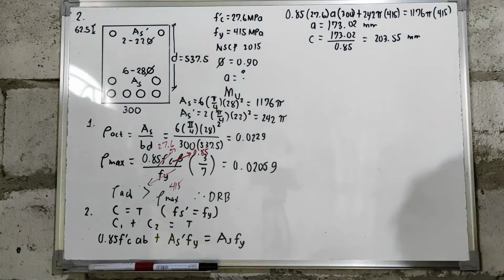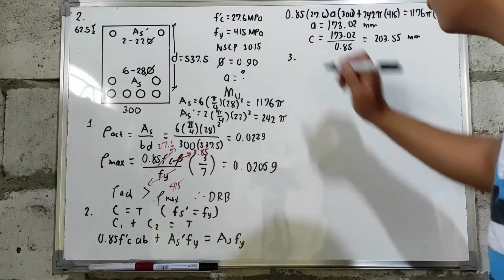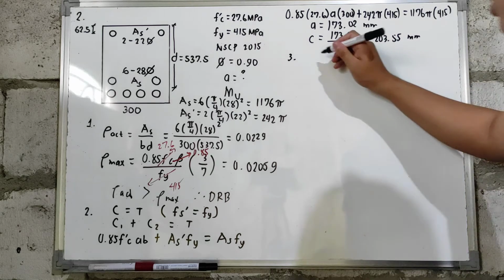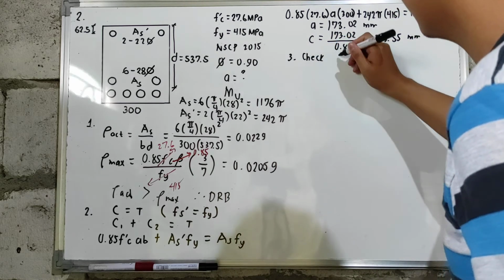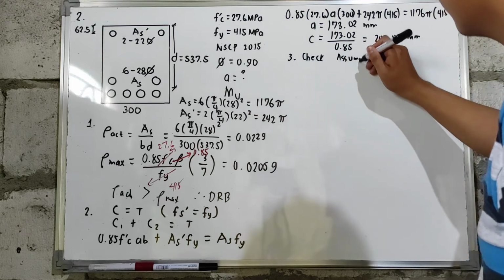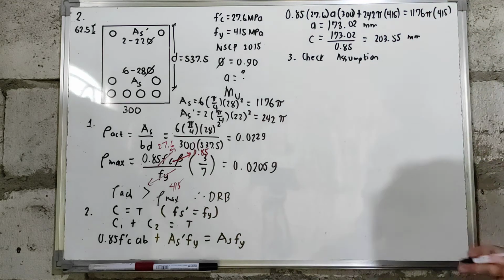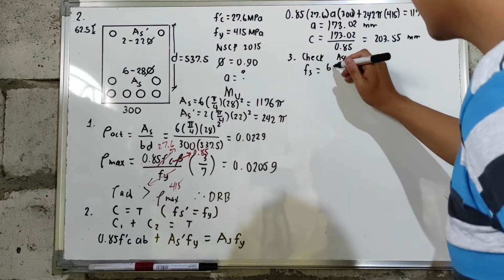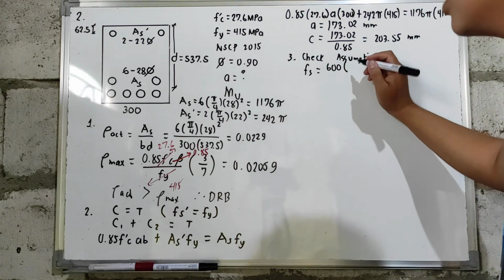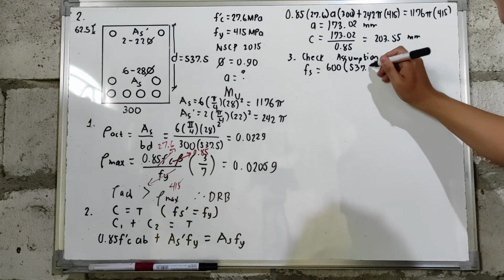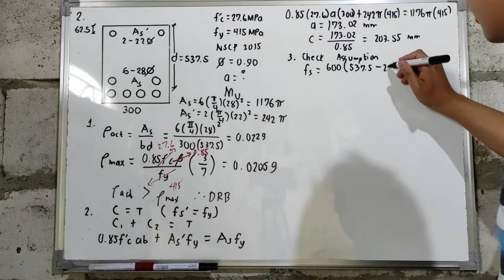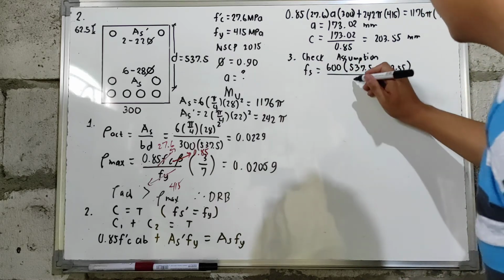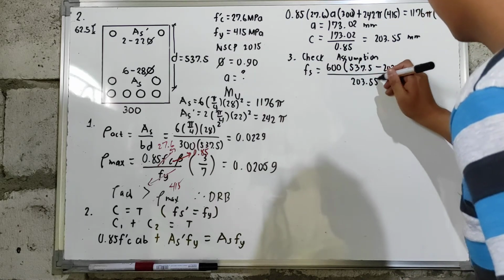After our assumption, we are going to check if our assumption is correct. So let us check our assumption. First, let us get the value of F sub S. That is 600 multiplied by D, which is 537.5, minus our C of 203.55, over our C of 203.55.